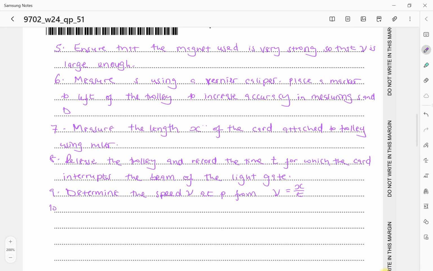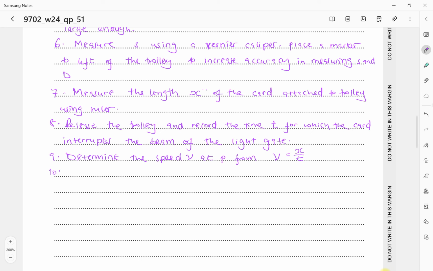Now we are going to repeat the experiment so that we get an average of v for the same s.